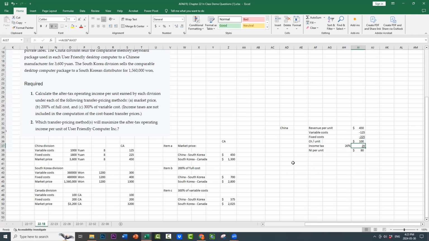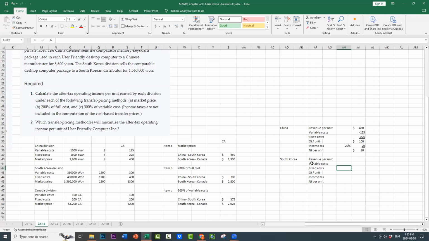Awesome. Now, keep in mind that they're transferring their goods to South Korea. Right? That's what they're doing. So I want this information down here. All right, perfect.